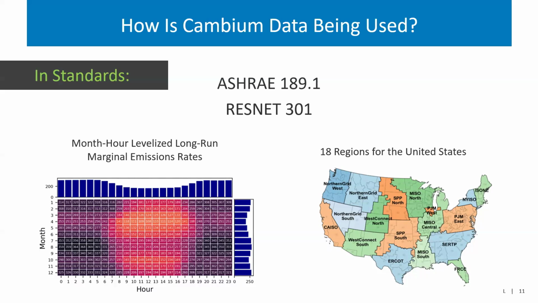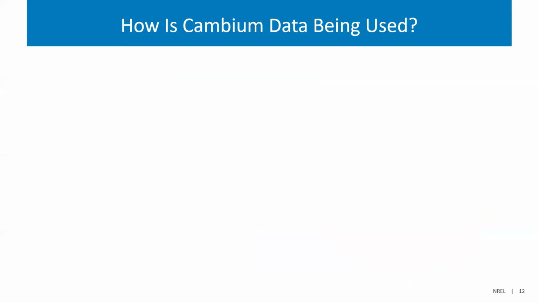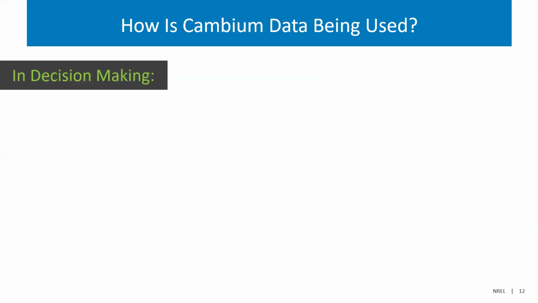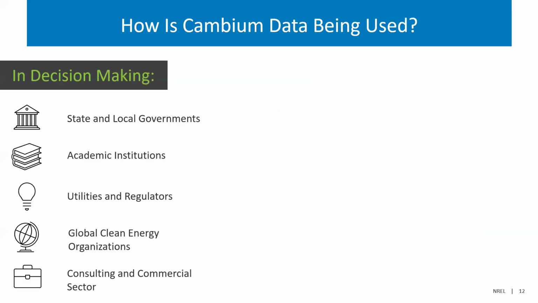So those are some high-profile ways that people have downloaded our data and incorporated it into other types of decision making. And then the third category, a really broad category, is things that don't necessarily end up in publications. I just called it here internal decision making. So things where state and local governments are looking at the projections just to gain a narrative understanding of what our model says might be in the future for the U.S. electric grid.